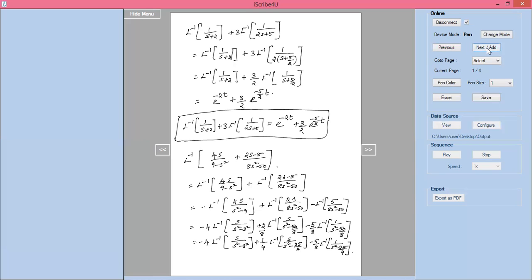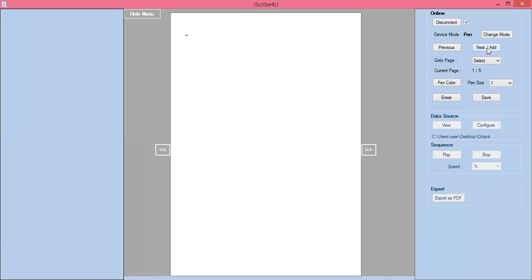Now the direct formula: minus 4 into L inverse of s by s square minus 3 square is cos 3t, plus 1 by 4 into L inverse of s divided by s square minus 5 by 2 whole square, minus 5 by 8 into L inverse of 1 divided by s square minus 5 by 2 whole square.